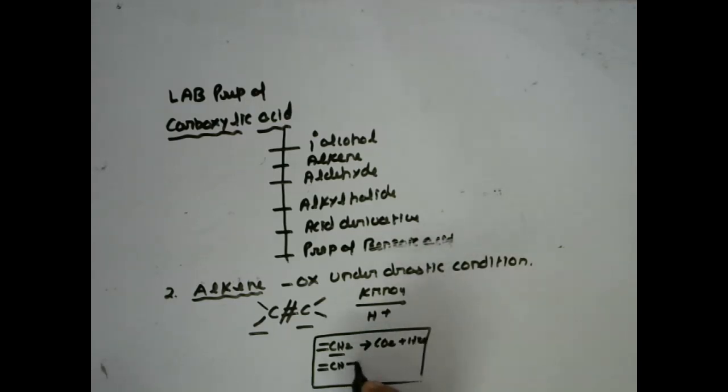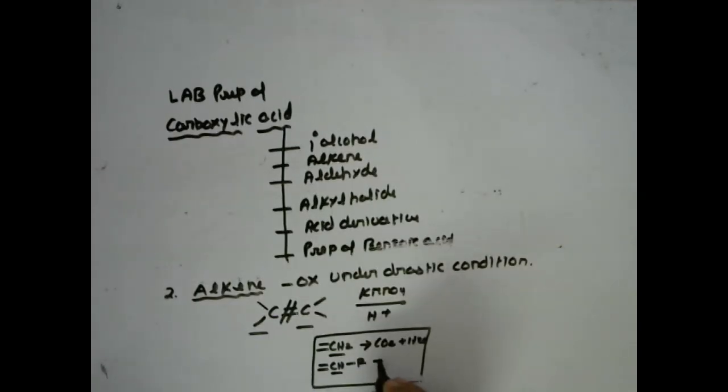If you see CHR, if you see a CH group attached to a double bond, this CH will become nothing but COOH. You will get RCOOH. And if you have this part, a double bond carbon having 2 R groups, on oxidation it will become a ketone. Let us apply these rules, then it will become more clear. So let us see one or two examples.